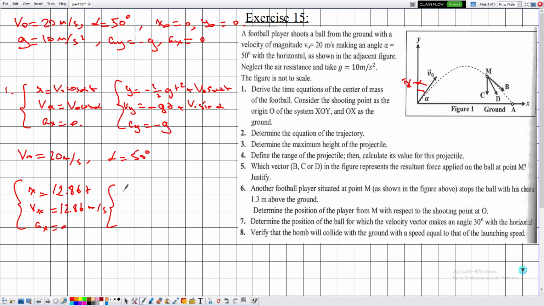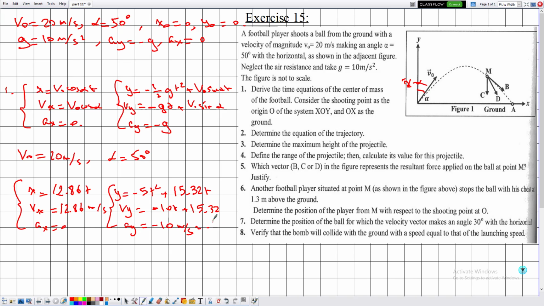As for the other equations, y is equal to minus 5t square plus v0, which is 20 times sine 50, so this is plus 15.32 t. Now vy is equal to minus 10t plus 15.32, and ay is equal to minus 10 meter per second square.